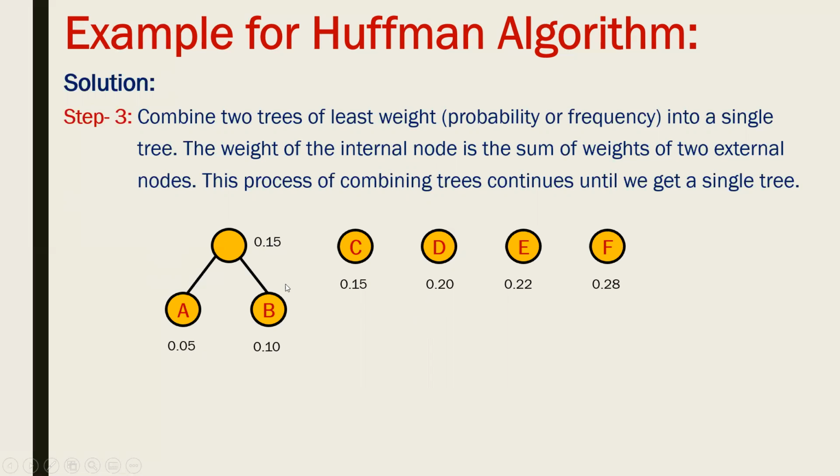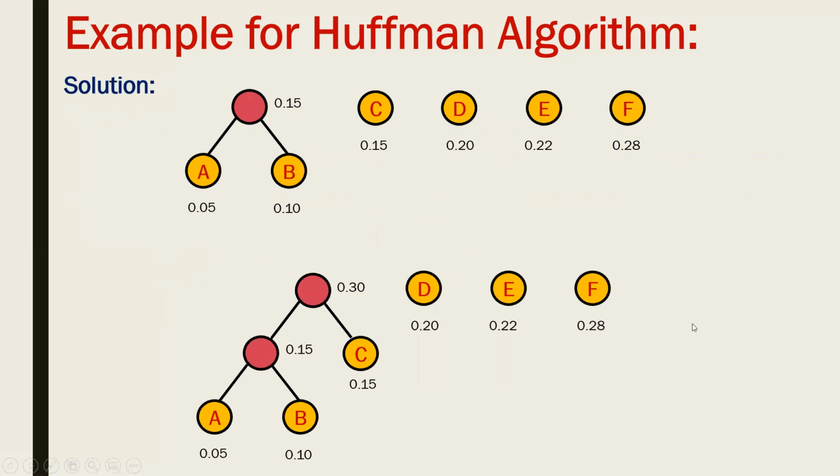Now we continue this procedure of combining trees until we get a single tree. When we scan from left to right, we see that the two least probabilities are 0.15 and 0.15. Therefore, we combine these two 0.15 trees.